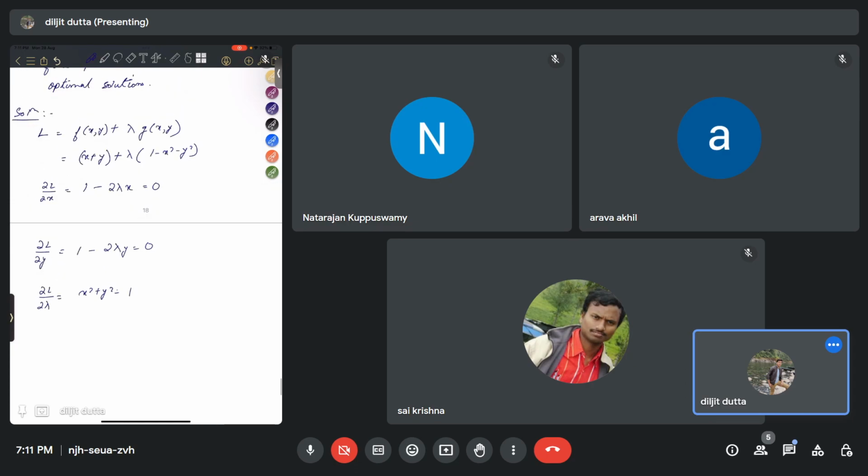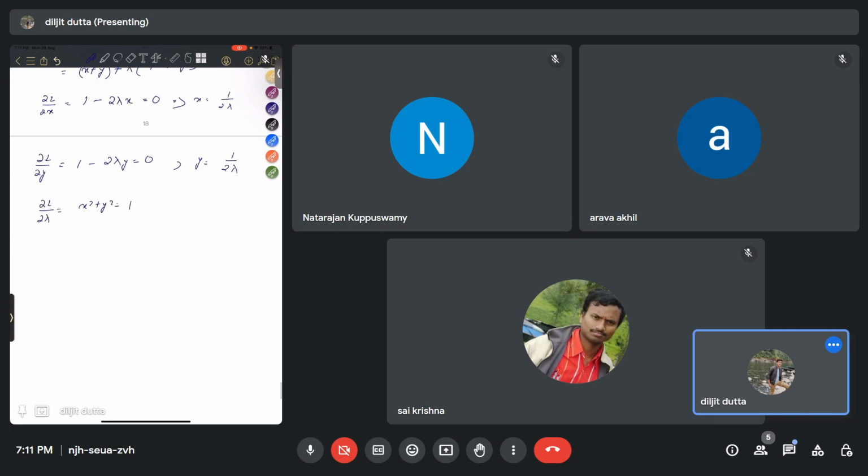Okay. So from here we can say x is equal to 1 by 2 lambda, y is equal to 1 by 2 lambda. Substitute x and y here. We'll get 1 by 2 lambda whole square plus 1 by 2 lambda whole square equals 1. So it will be 2 by 4 lambda square equals 1. Lambda square equals half.